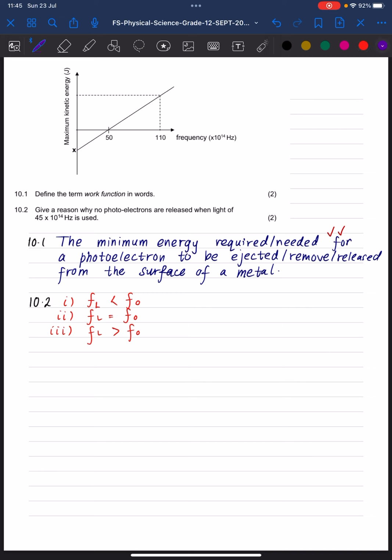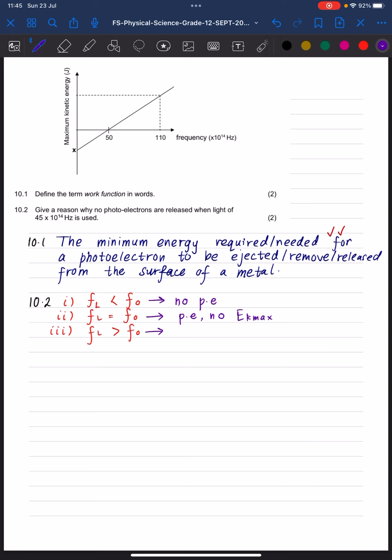So the results from these 3 things obviously result in different scenarios for our formula and for the whole situation. Now, if your required frequency is more than the frequency of your light, then there will be no photoelectric effect. If the frequency of your light is equal to the required frequency, then there is going to be the photoelectric effect, but there will be no extra energy left for the photoelectron to move.